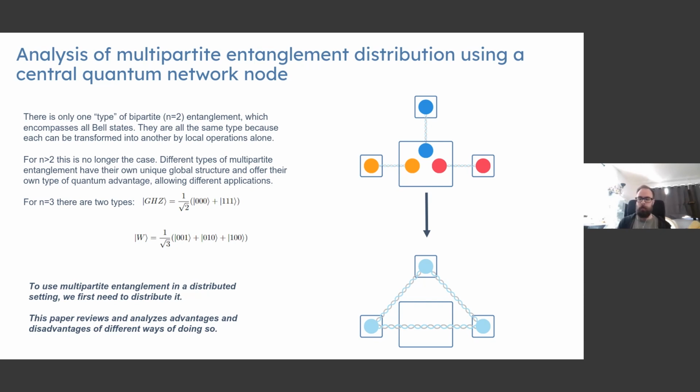It's interesting though, because once you have more than two parties, say three or more parties, the kinds of entanglement that you can actually generate and use expand rapidly. So for bipartite entanglement, n equals 2, you just have one type of entanglement. We have different Bell states, but they are all of the same type because they can each be transformed into each other just by one of the parties doing something on their own.